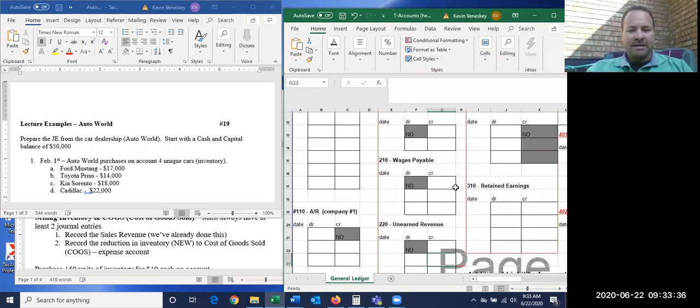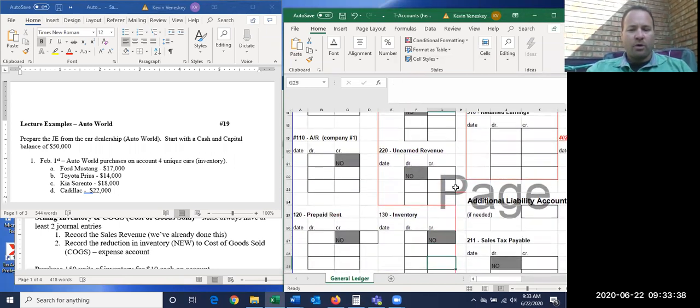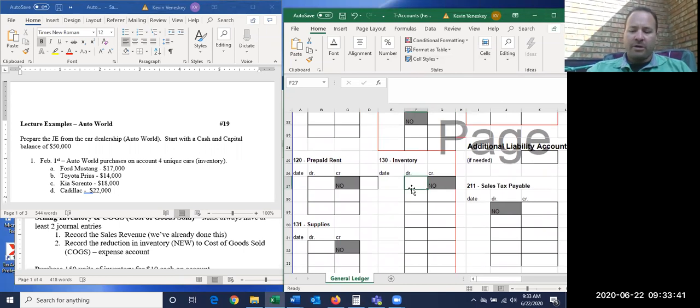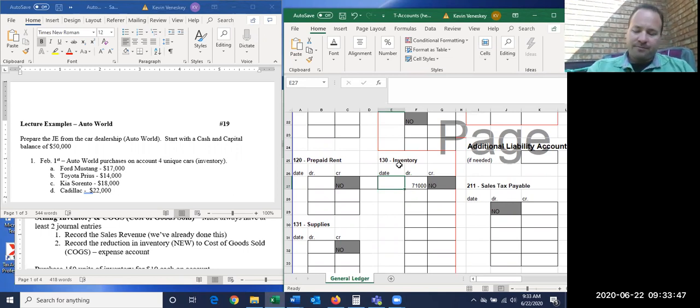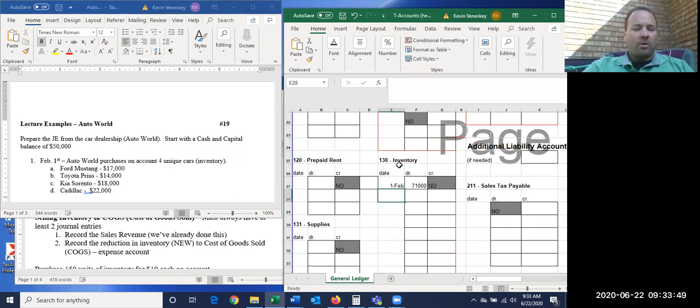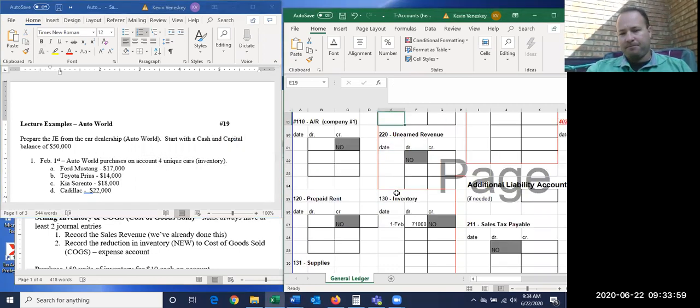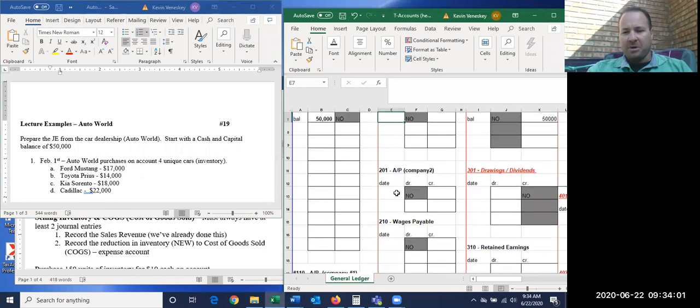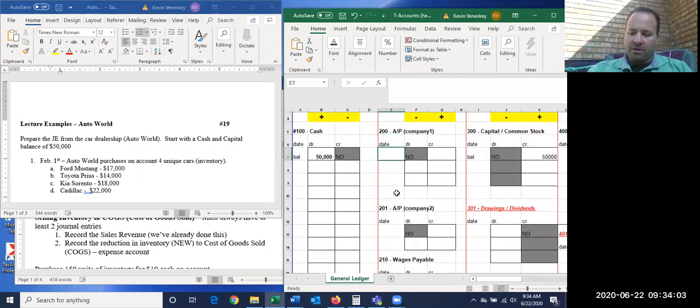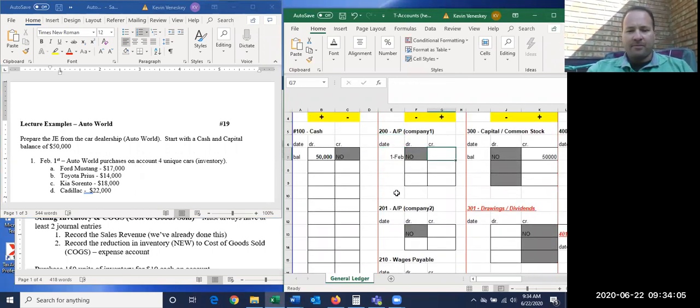So then I ask myself, what did I get? I'm getting inventory worth $71,000. So that's my new asset account that we're working with. This was on February 1. And then how I got it, it says I purchased these on account. It doesn't tell us who, and maybe it doesn't really matter in this case, but we'll put it down here, 2-1.